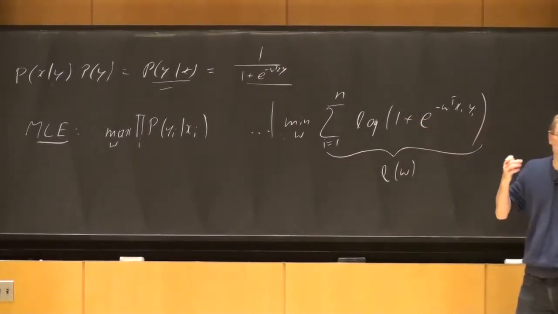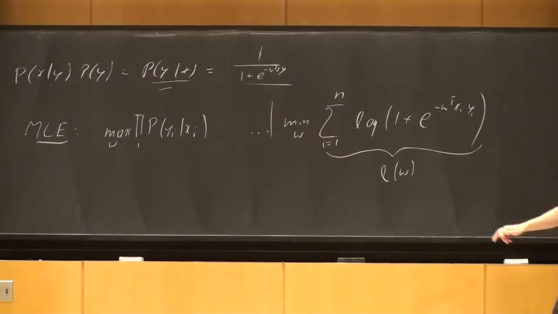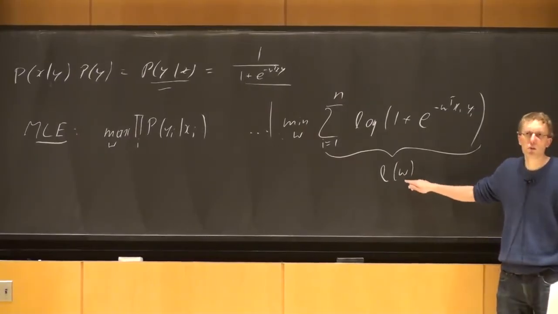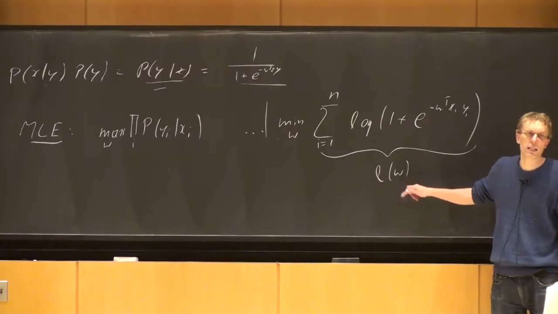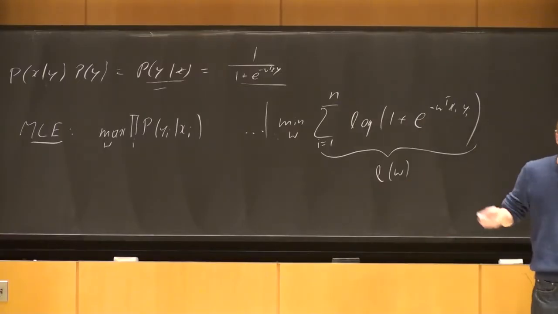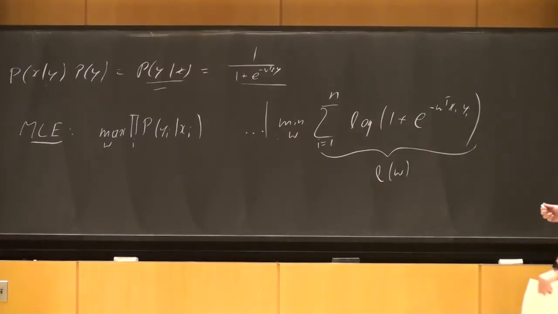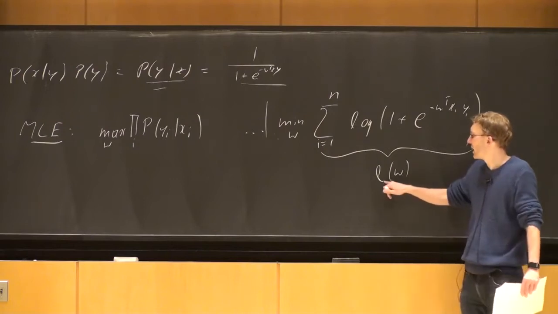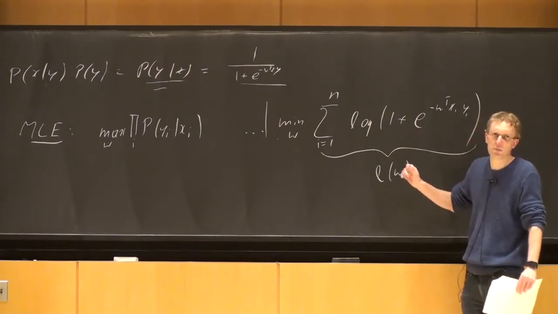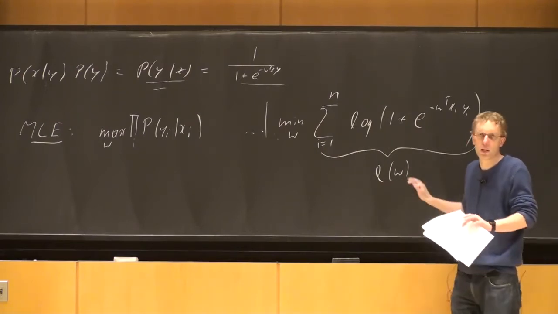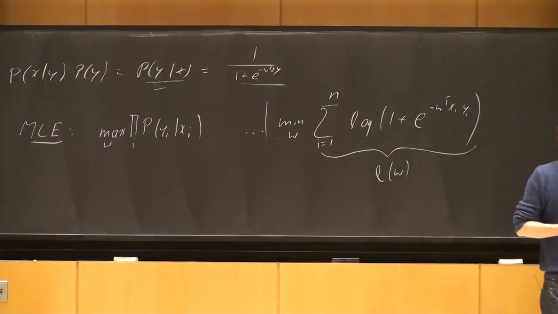We can just view this as an abstract problem: we have a function of w and we try to find its minimum. This is something you've done ever since high school, I believe. It's just good old analysis. Given a function, where does it have its minimum point? All right, any questions at this point?